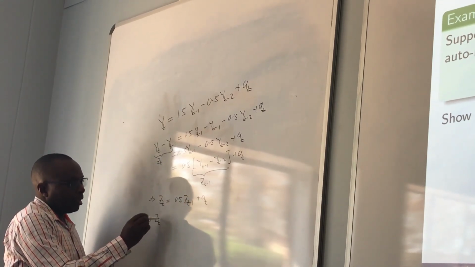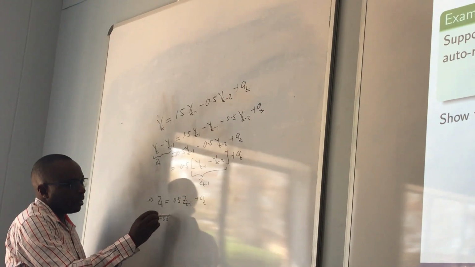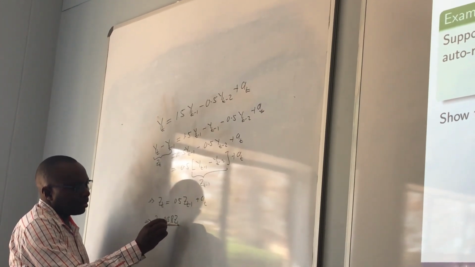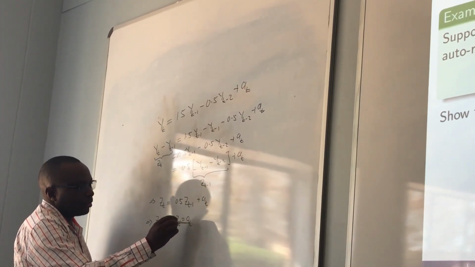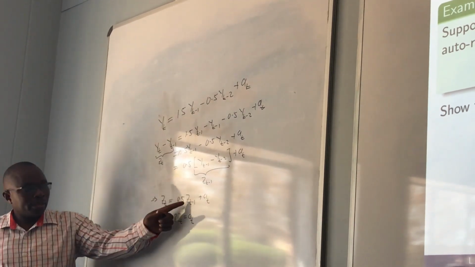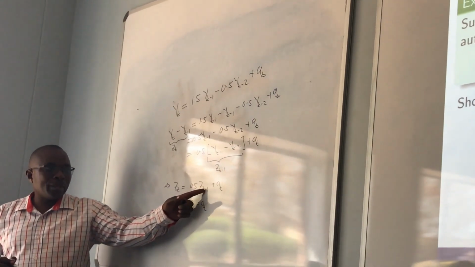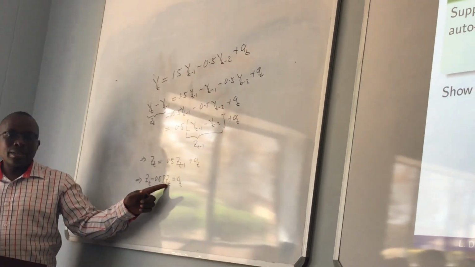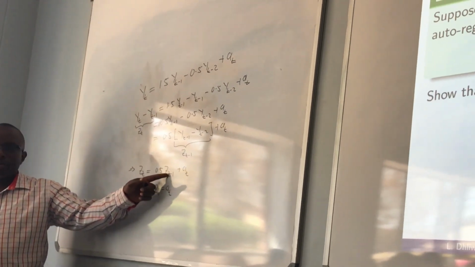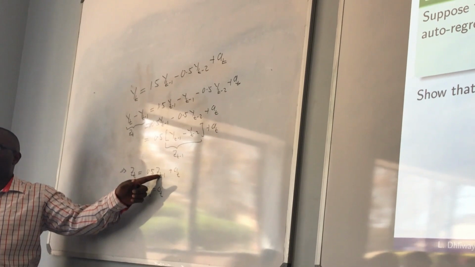So what does it imply? Zt minus 0.5 B Zt is equal to At. B is the backward shift operator. B Zt is just the same as Zt-1, if you still remember.